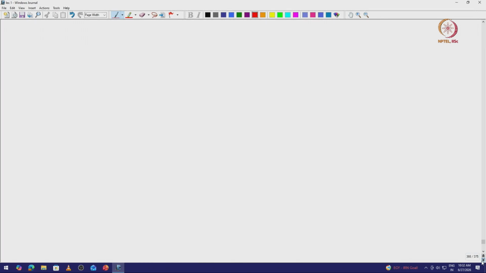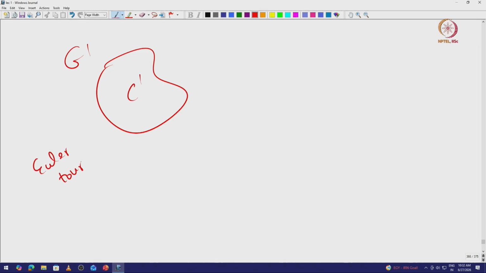So, then it must contain some Euler tour in it. We can call that Euler tour C dash. So, we have this G dash, and inside that we have this C dash, which is an Euler tour of G dash.